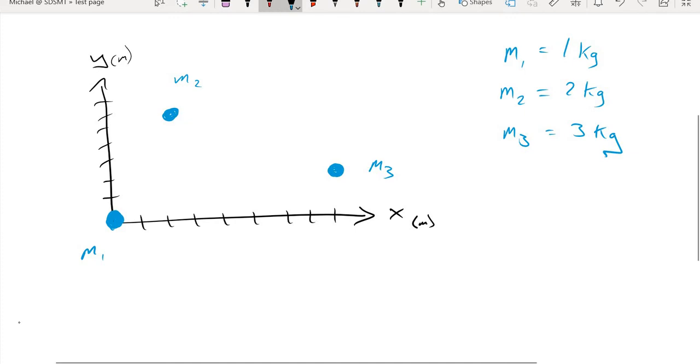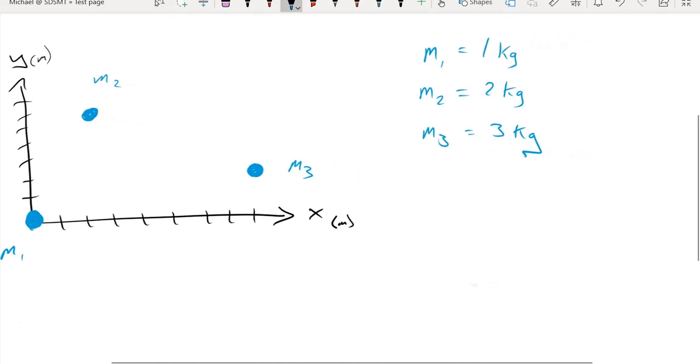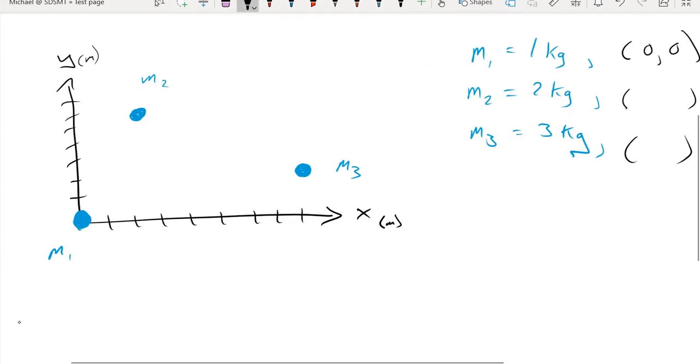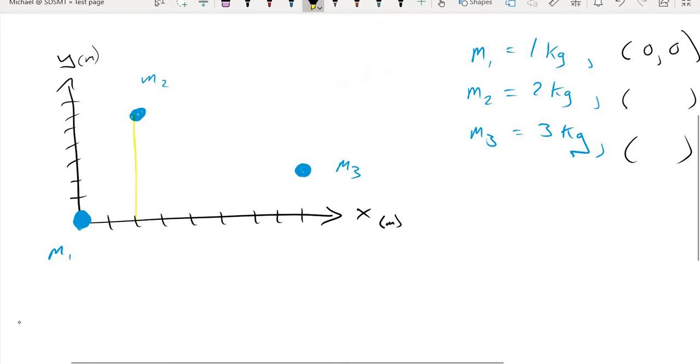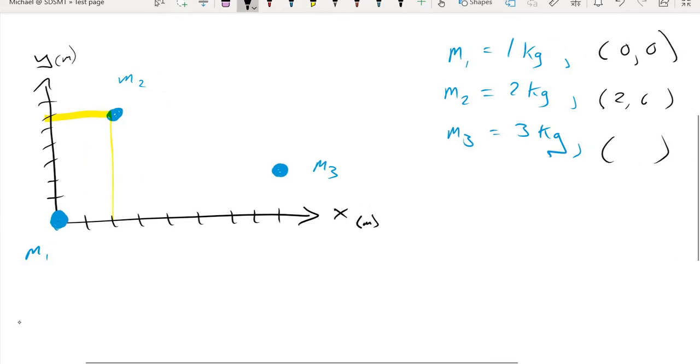By looking at the placement of these masses, we can also assign ordered pairs for the XY coordinates for each mass. Mass 1 is at coordinates 0, 0, since it is at the origin. Mass 2 is at approximately 2, comma 6.